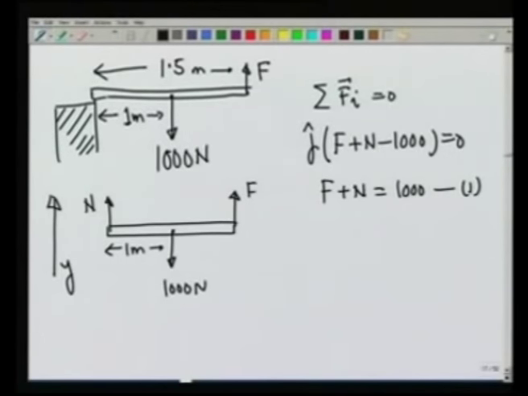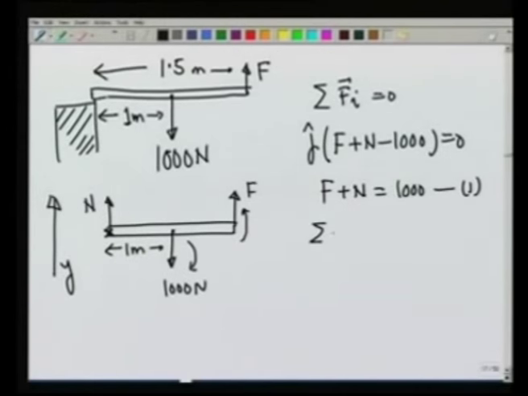On the other hand, torque should also be 0 about any point I take. So, let us take this point about which I am going to take the torque, and then you see that 1000 Newton gives me a torque clockwise, the F gives me a torque counterclockwise, and they should both balance each other.